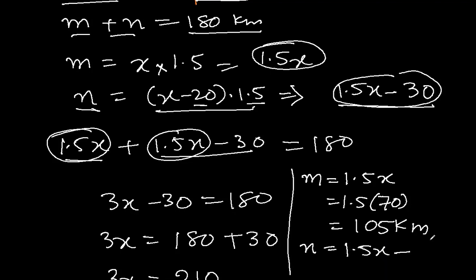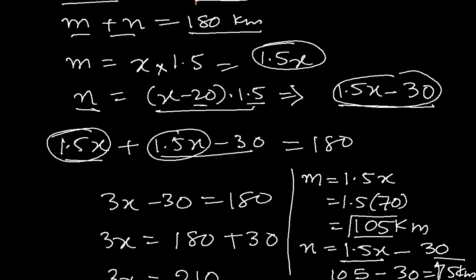N equal to 1.5x minus 30, which is, we already know 1.5x, we got 105, minus 30, which is 75 kilometers. Is 105 and 75 total 180? That's correct.